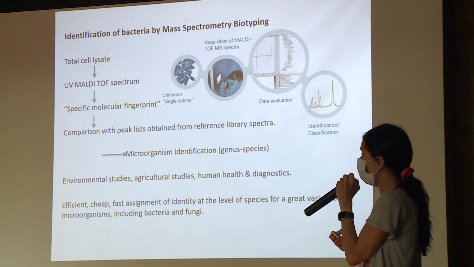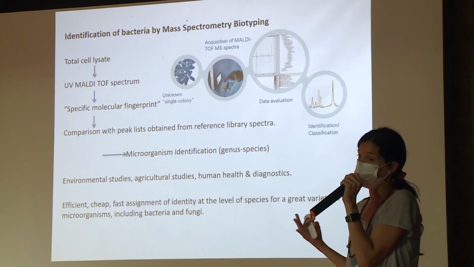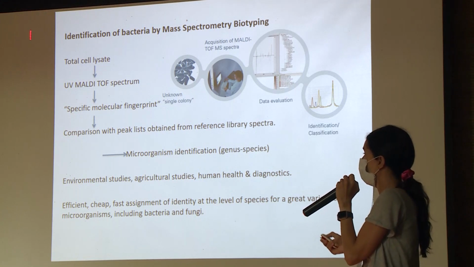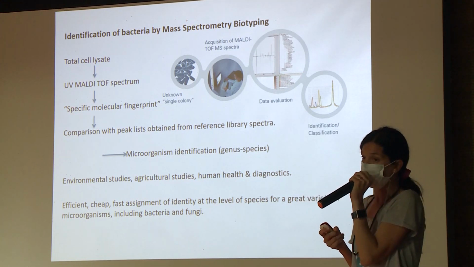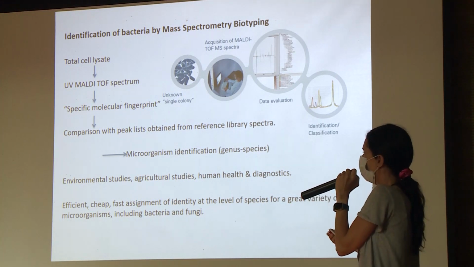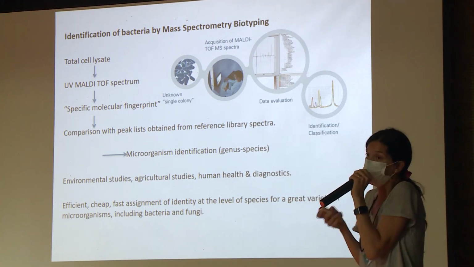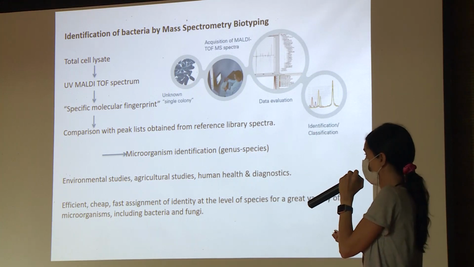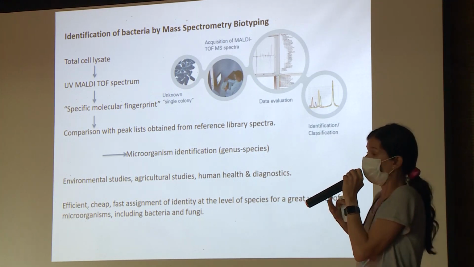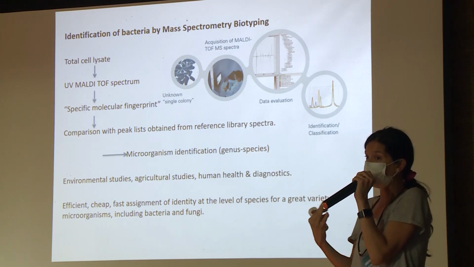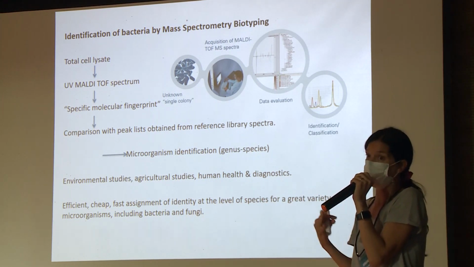Basically, what you do is you have your total cell lysate of the microorganism that you want to identify. You generate a MALDI spectrum, it's just an MS spectrum, and then you get this specific molecular fingerprint, the pattern of the peptides that you get. And there are now huge reference libraries containing these spectra for known organisms.